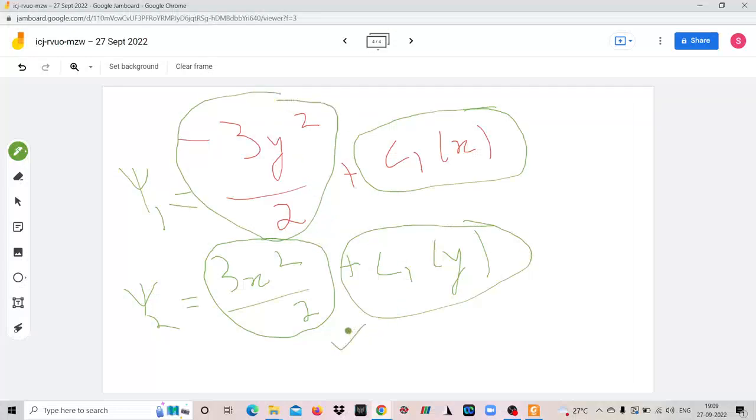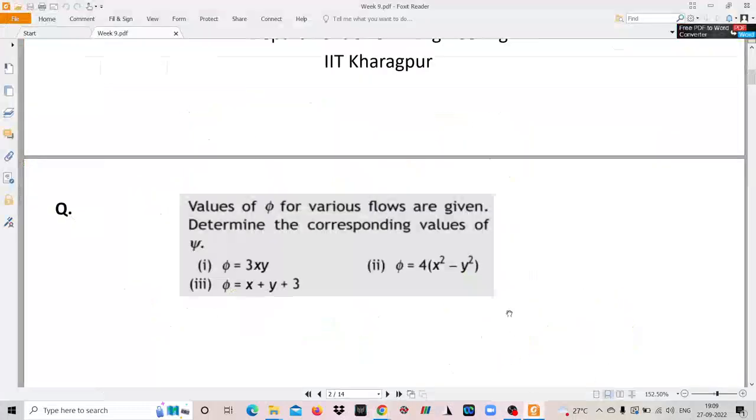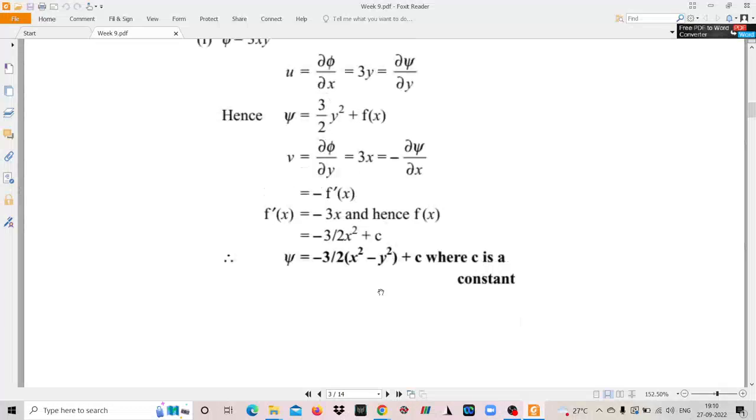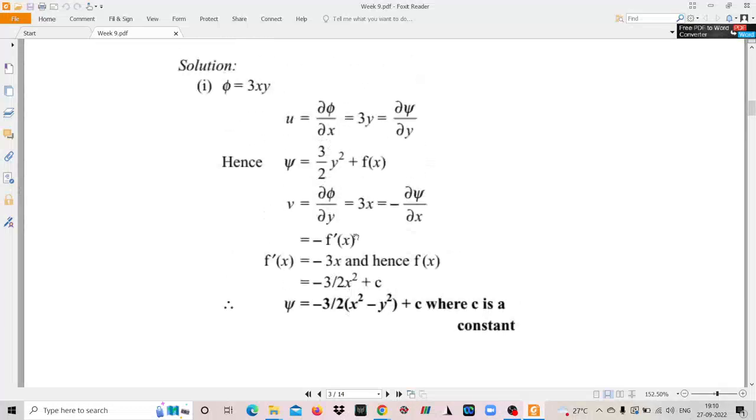So psi may be considered as 3 by 2 x square minus y square. So this is a possible value of psi. This is the first problem.